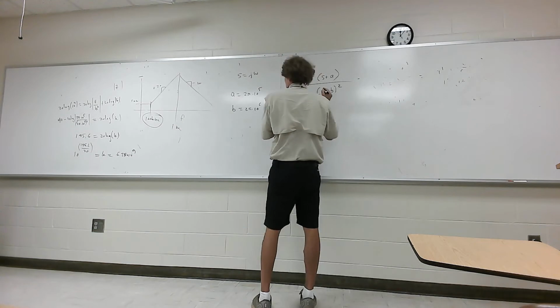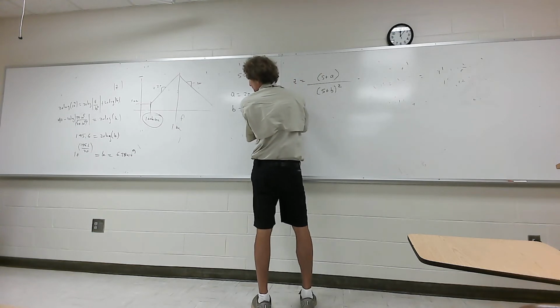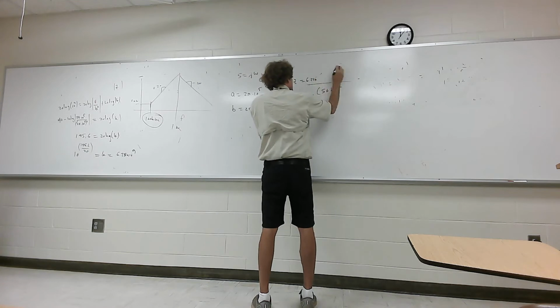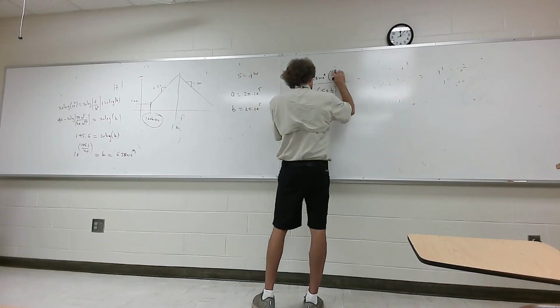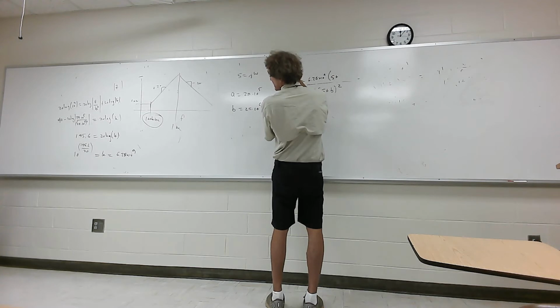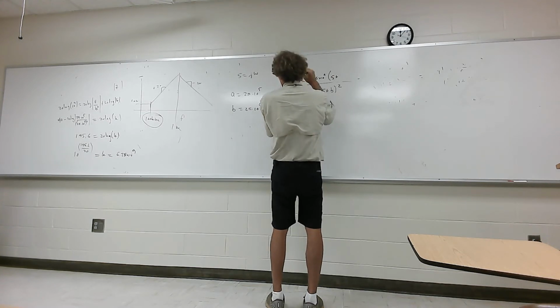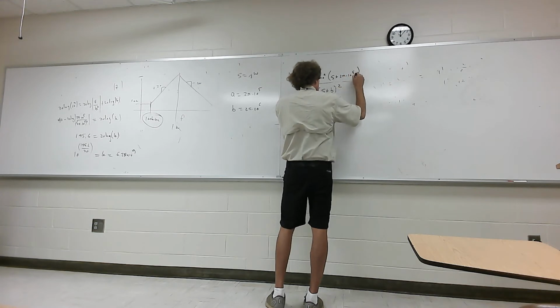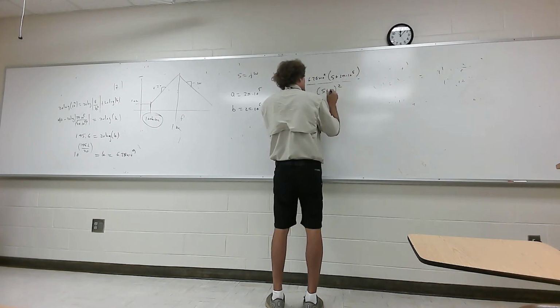So here, that's 6.28 times 10 to the 9, and then it's going to be S plus A, and A is 5 times 10 to the 5th. And down here, B is 5 times 10 to the 6th.